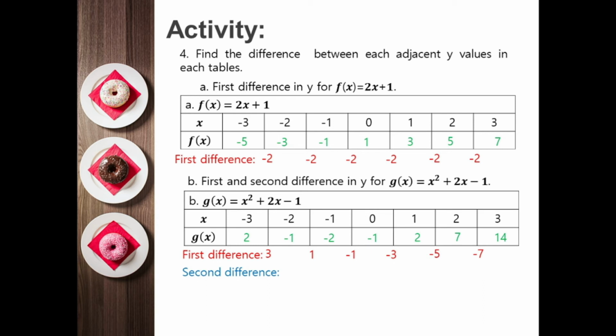Negative 3 minus negative 5, 2. Negative 5 minus negative 7, we have, yes, positive 2. So the second difference for g of x is equal to x squared plus 2x minus 1 is positive 2.